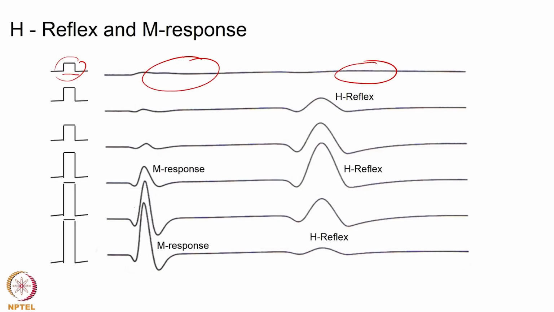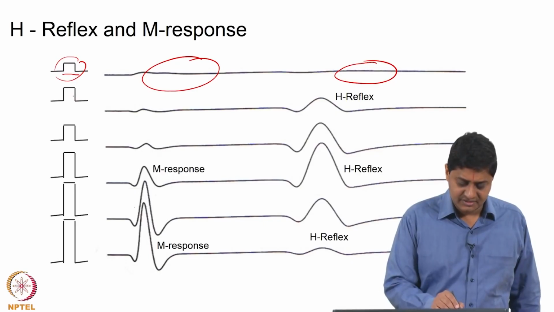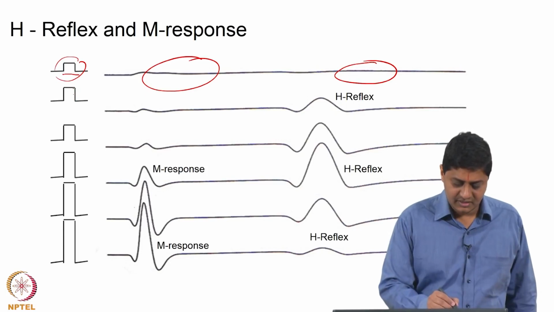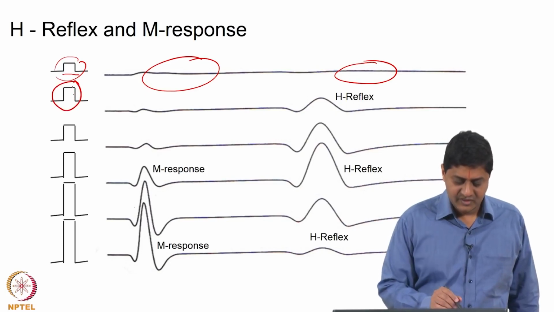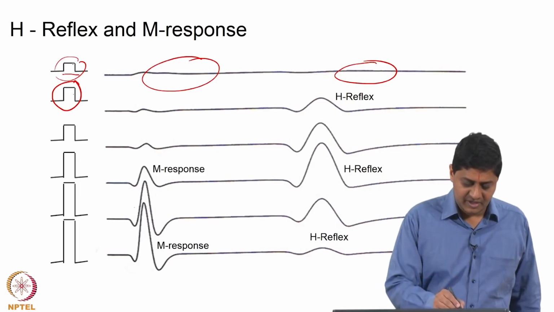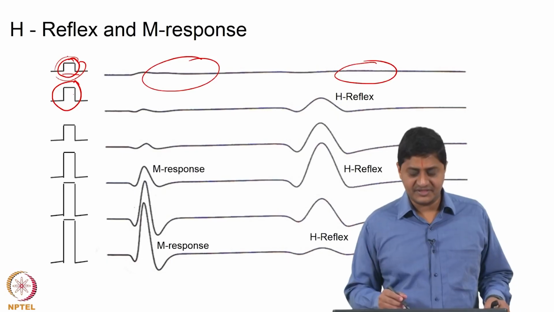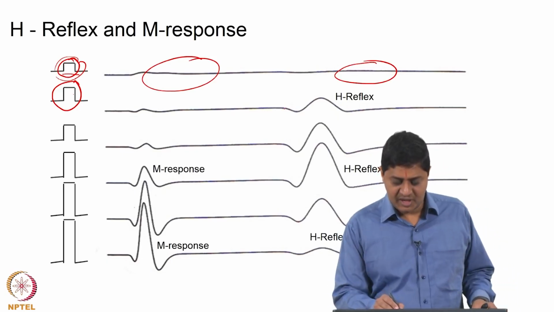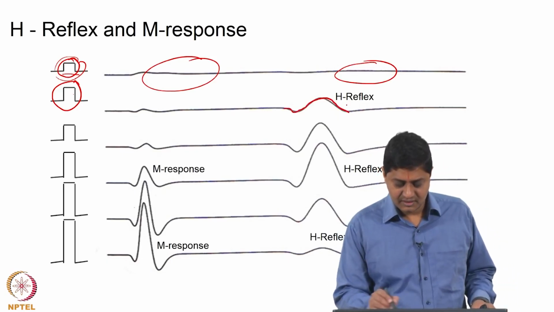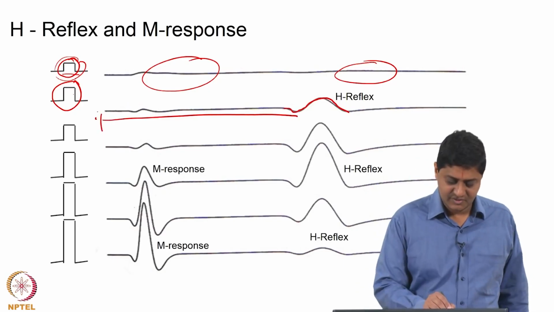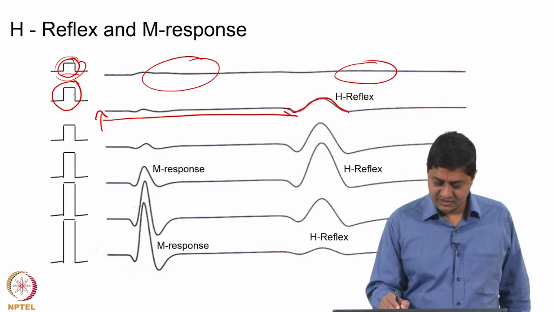Then I increase the stimulus strength, like that, right. You see the second one is a taller building when compared with that one, is it not? So, I increase the stimulus strength, then a response is seen at that latency. Say for example, here is when the stimulus is applied, the latency is so much.